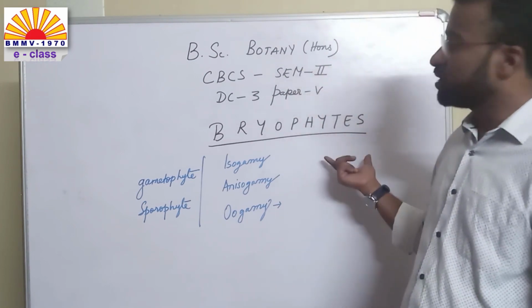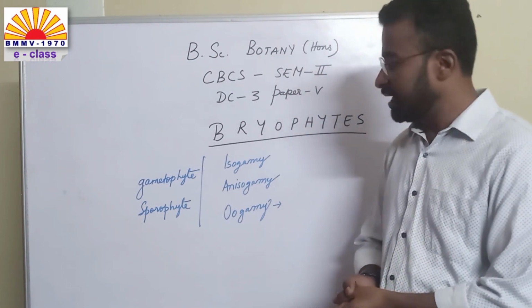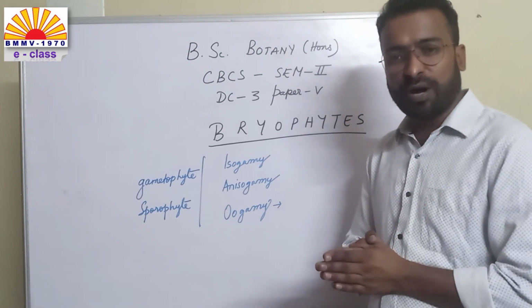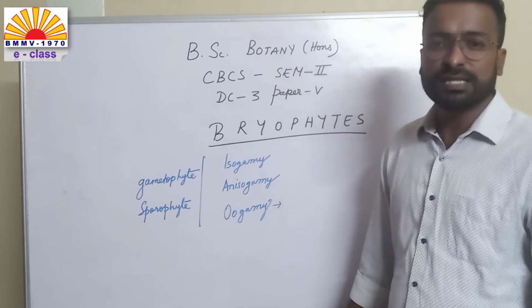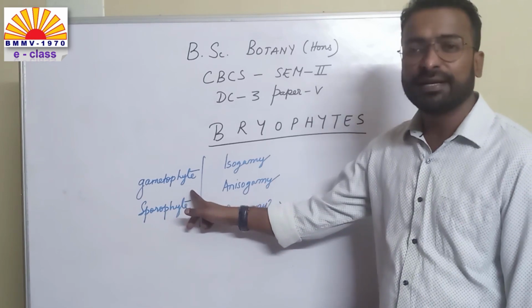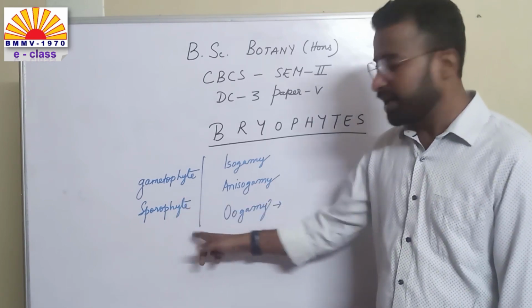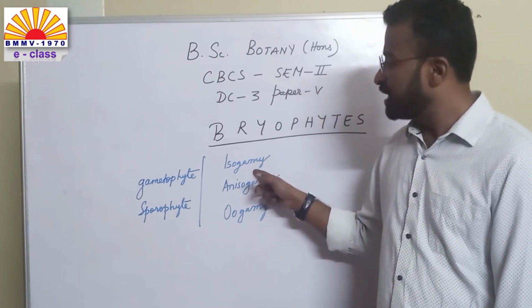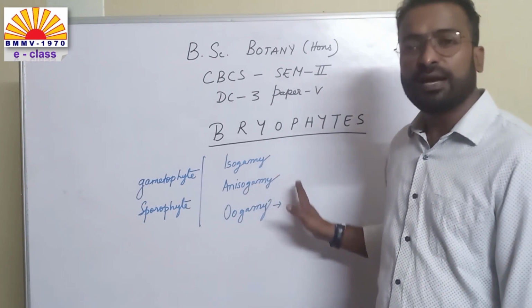Now, before going into the details of bryology, I want you to recall what we have been studying in semester 1. In semester 1, we studied gametophyte, sporophyte, and different types of sexual reproduction: isogamy, anisogamy, oogamy.